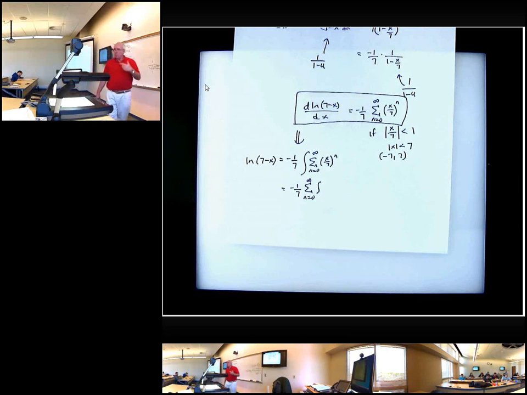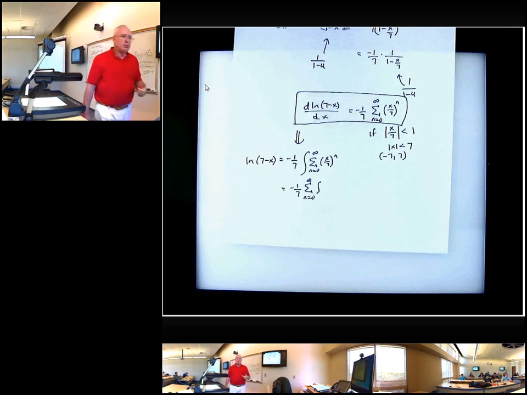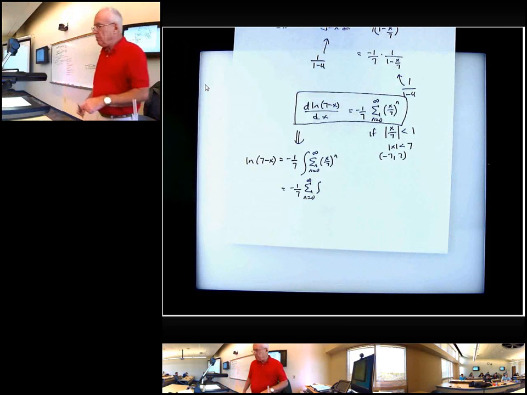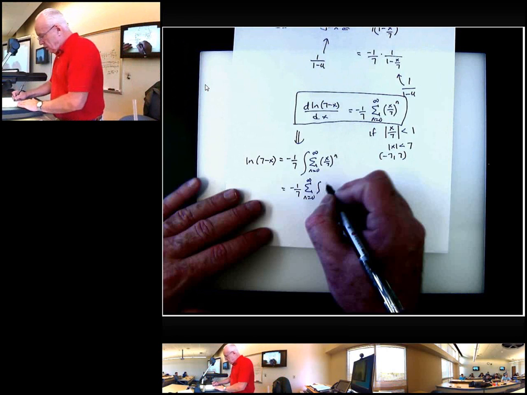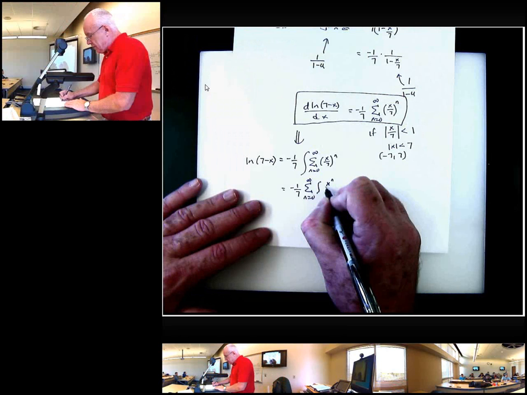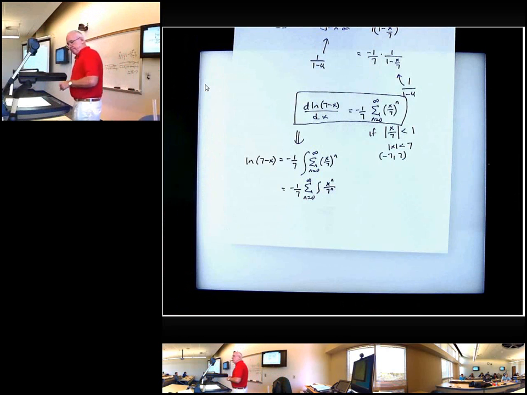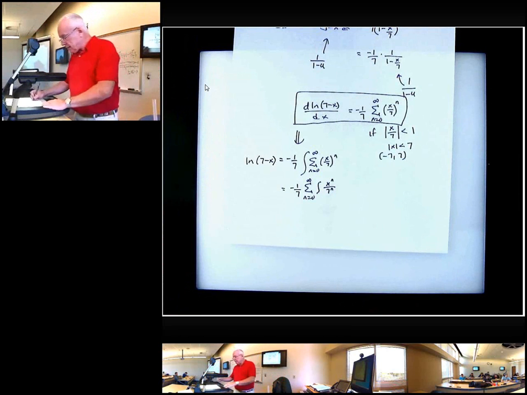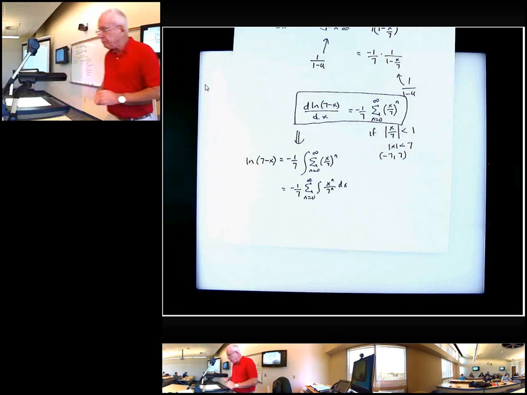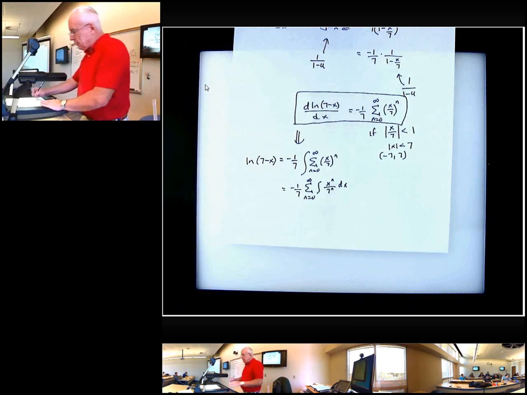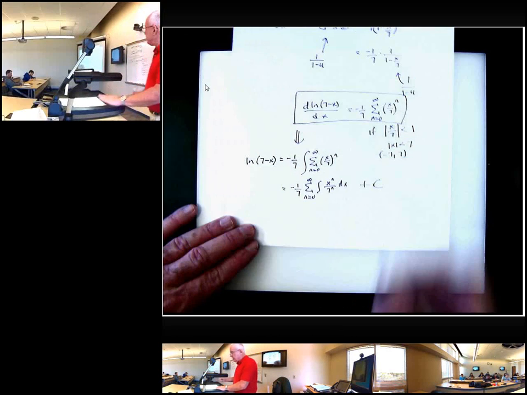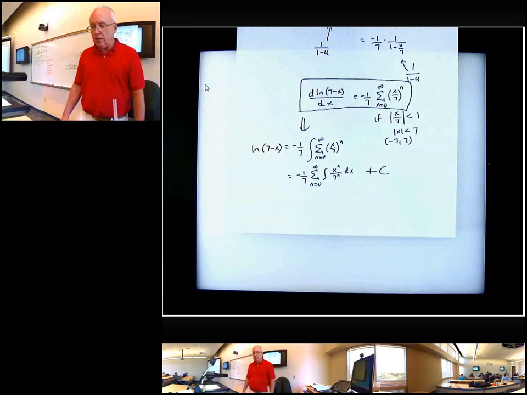So how can I rewrite x over 7 raised to the n power as x to the n power over 7 to the n power, right? Just break it apart. And that's dx, right? And we're going to need to tack on a plus c on this. So let's go on and tack that on.